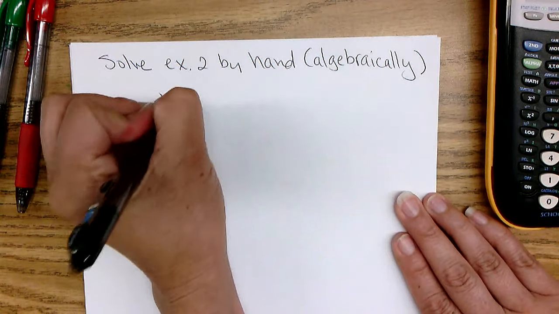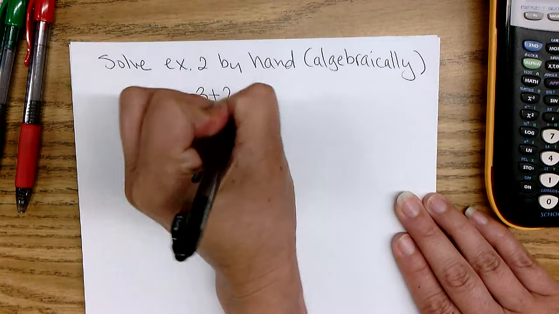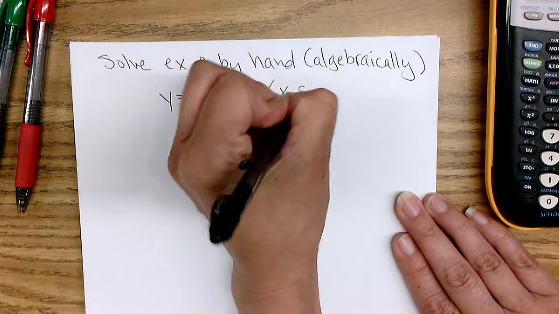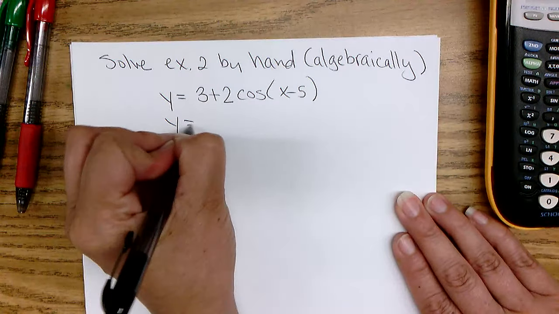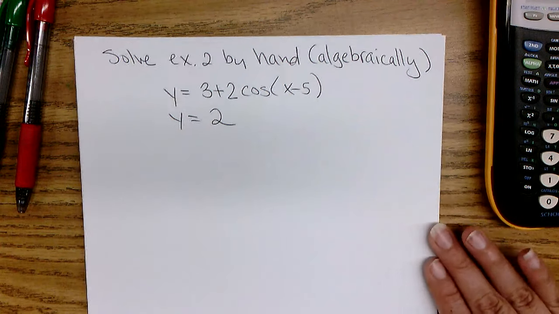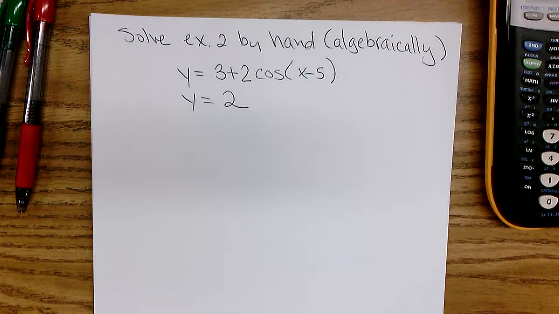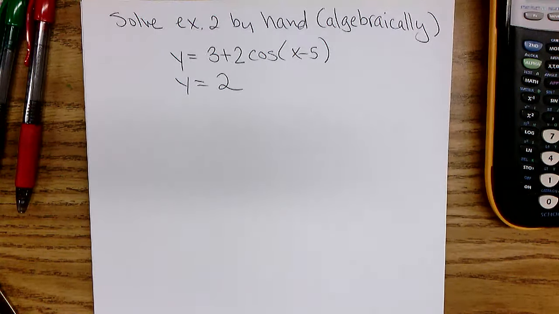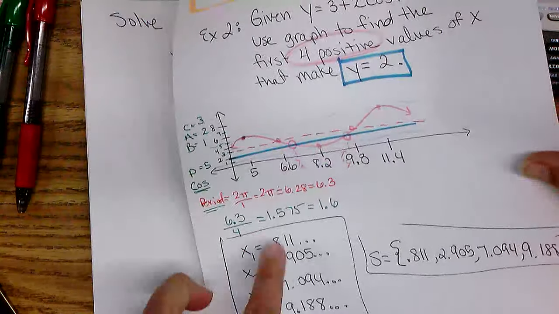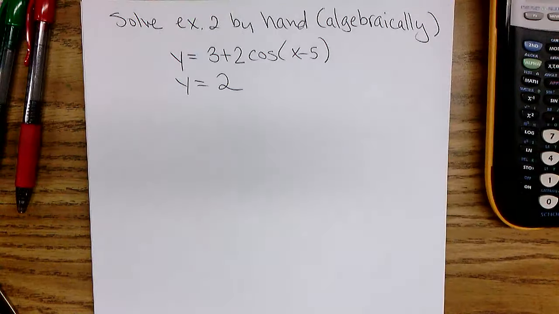So here's what we have. Y equals 3 plus 2 cosine quantity x minus 5, and y equals 2. Our job is to get all these answers that the calculator got, but by hand, okay?